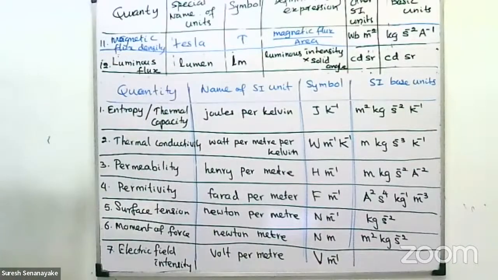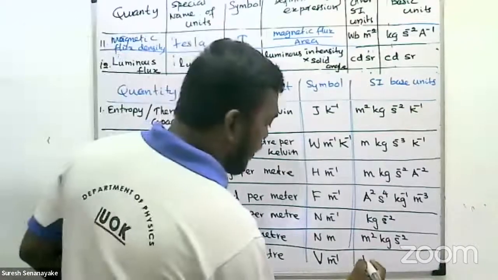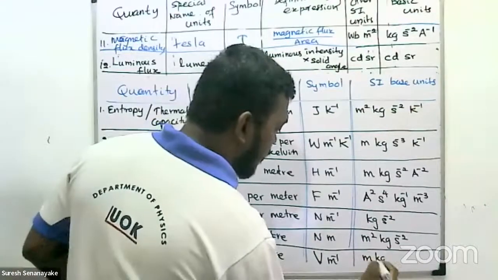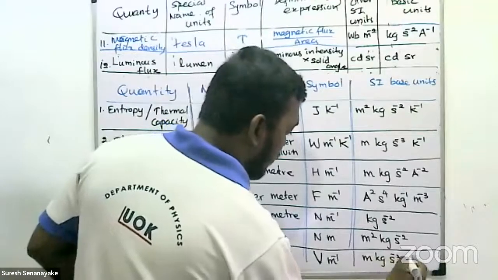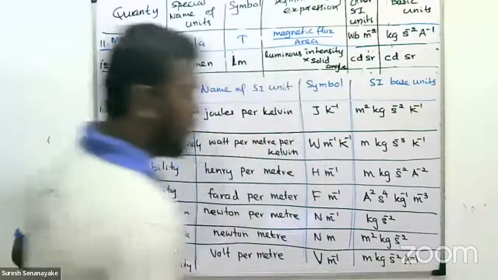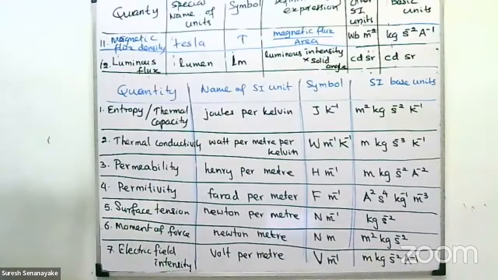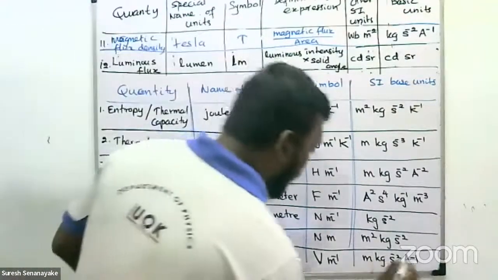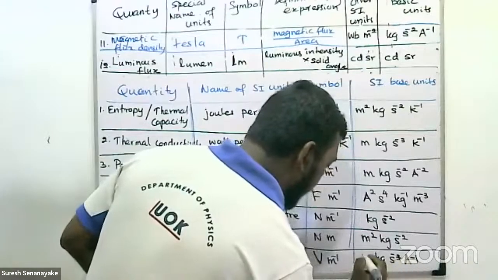In base units: meter kilogram s minus 3 A minus 1.